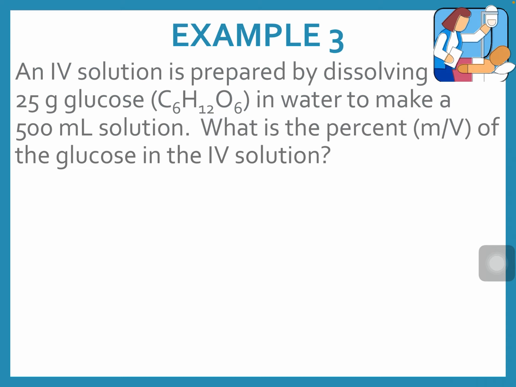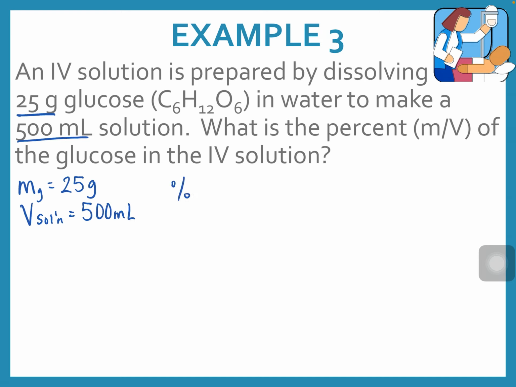Okay, so another example: an IV solution is prepared by dissolving 25 grams of glucose in water to make a 500 milliliter solution. What's the percent mass to volume of glucose in this IV solution? So we have the mass of glucose is 25 grams. We have the volume of solution is 500 mils.